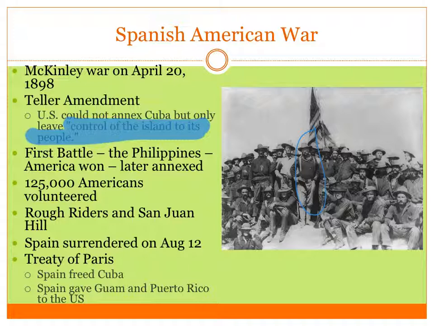2,910 Americans will die in the Spanish-American War. Of that 2,910, 2,565 will die from disease.